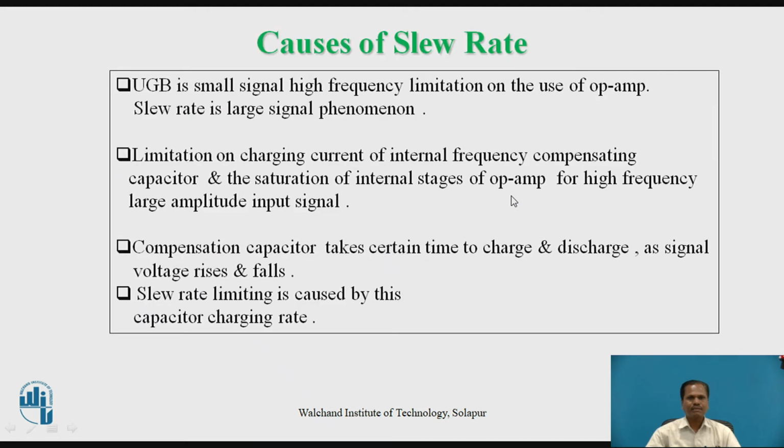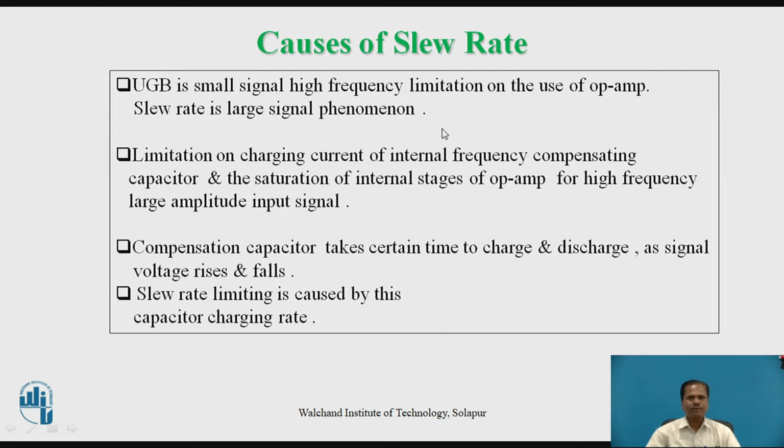Now let us discuss what are the causes of slew rate of operational amplifier. The unity gain bandwidth is a small signal high frequency limitation on the use of operational amplifier. Small signal in the sense the input signal voltage in terms of millivolt or microvolt, and slew rate is a large signal phenomenon.